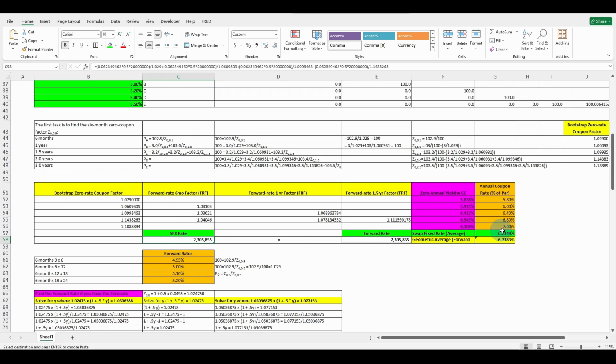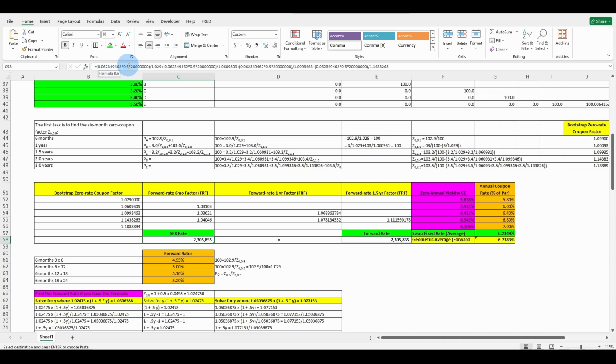We're using these average coupons right here, and this is a long drawn out process similar to what we're doing now. So we're using G52, which is these rates, G52 divided by B52. It's going to be the equivalent. We're going to use this swap fixed rate, and we're going to discount this back. This is going to be the annual rate.